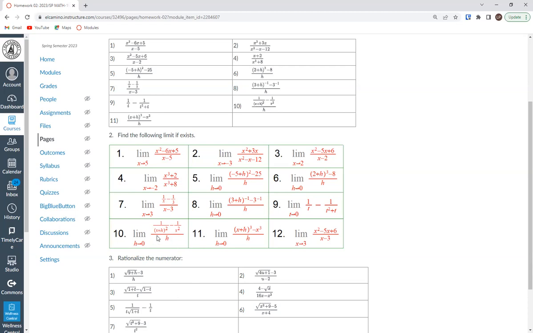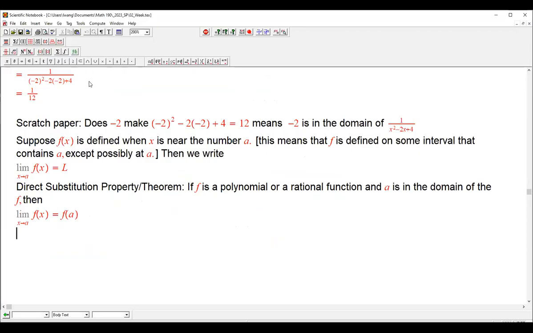In this example, unlike in other examples, you have 2 variables, but one of the variables approaches a number. Okay, so let's look at how we will be working on this one. Example number 3: limit as h approaches 0.